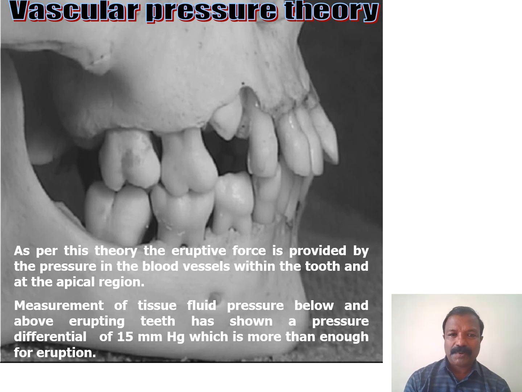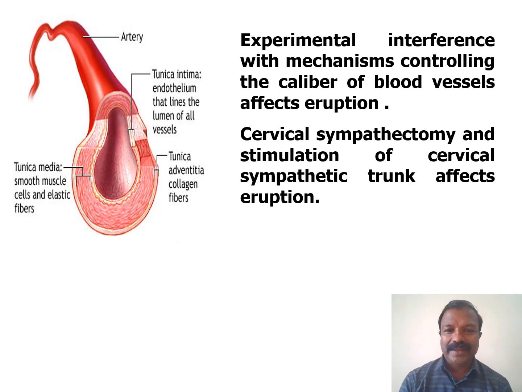So this is what is proposed in vascular pressure theory. This theory also suggests that experimental interference with mechanisms controlling the caliber of blood vessels affects tooth eruption. The cervical sympathectomy and stimulation of cervical sympathetic trunk also affects eruption.